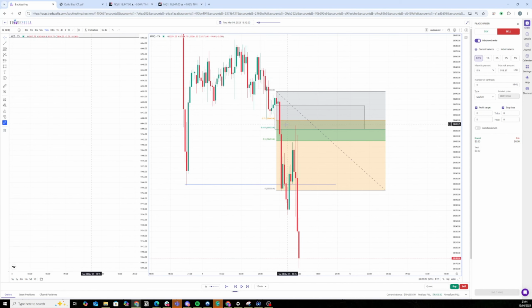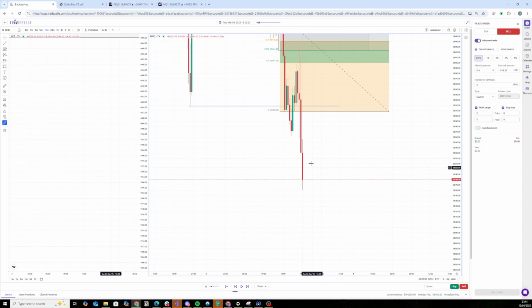This is 0.618 to the 0.71, the OTE of that range, okay? So then we tap perfectly back into that OTE and that fair value gap, and then we sell off to our draw on liquidity for the day and the higher time frame, which is the daily order block. All right, cool. All right, let's move on to the next day and see what we get.